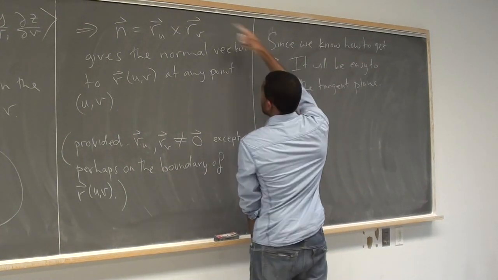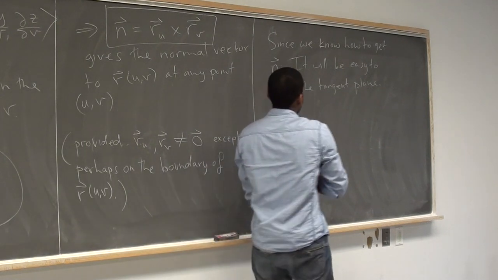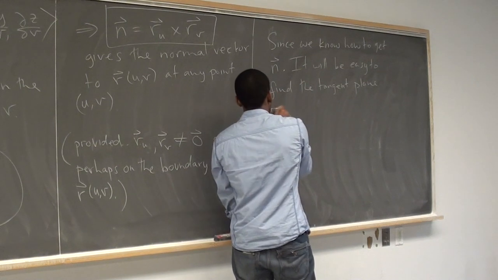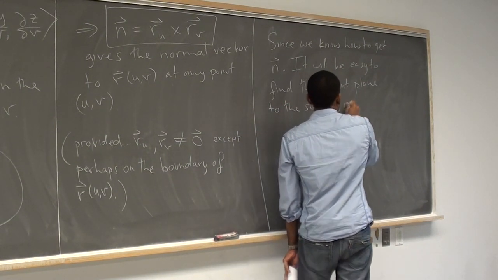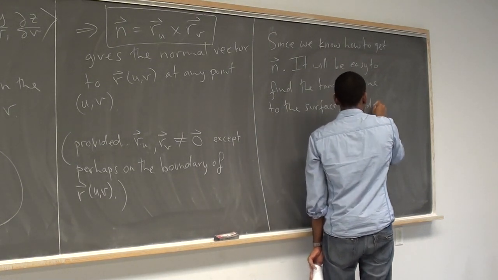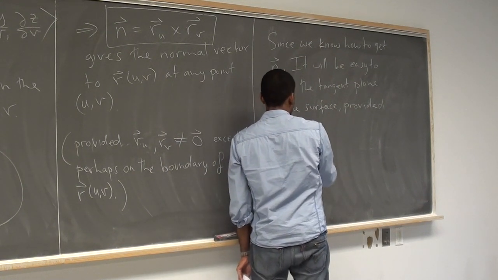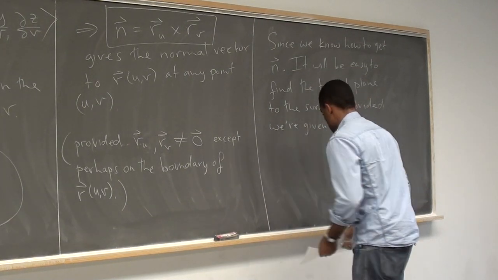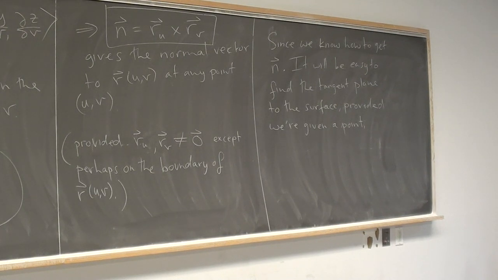So since we know how to find n by this formula, very important, you should have that memorized. It'll be easy to find the tangent plane to the surface, provided we're given a point to find the tangent plane. I'm going to do another example. So that's how you find the normal vector, and now I'm going to show you how to find the tangent plane.